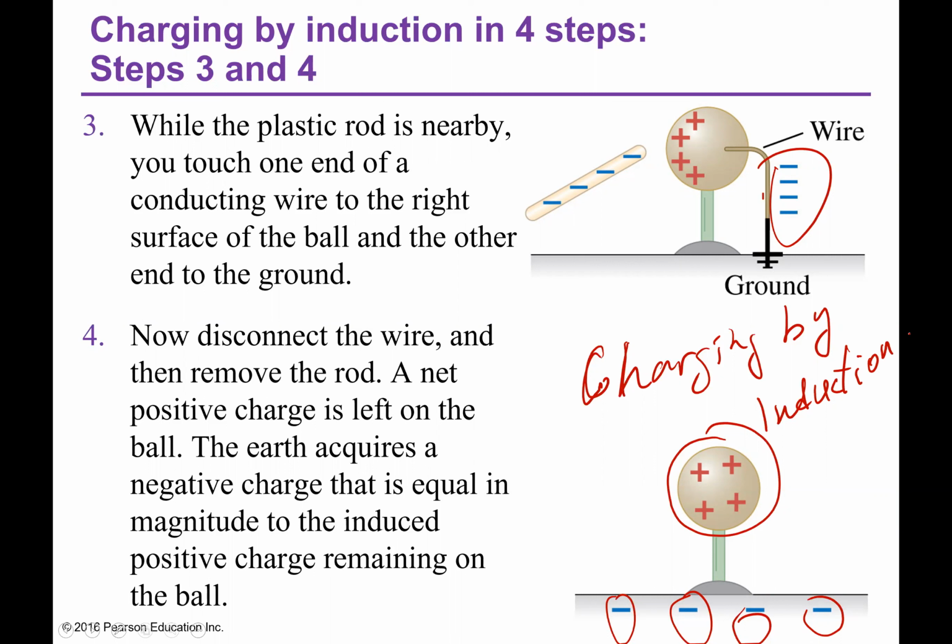Our goal was to remove some of the electrons from the metal ball, and we did that by first separating them, then using a wire to connect the ball to ground.